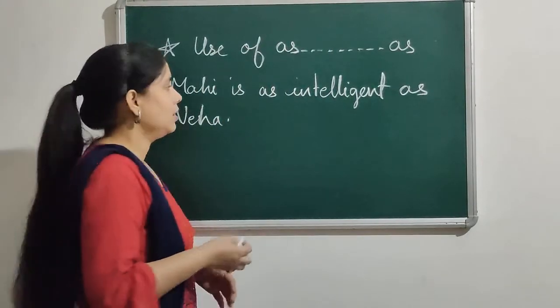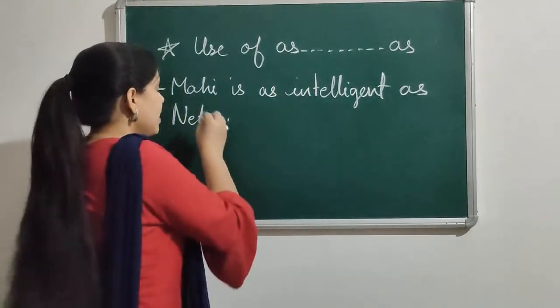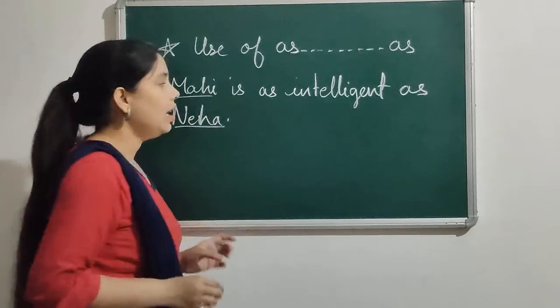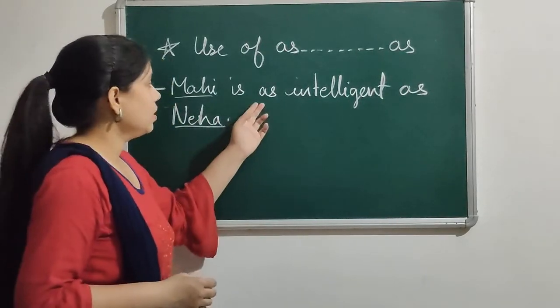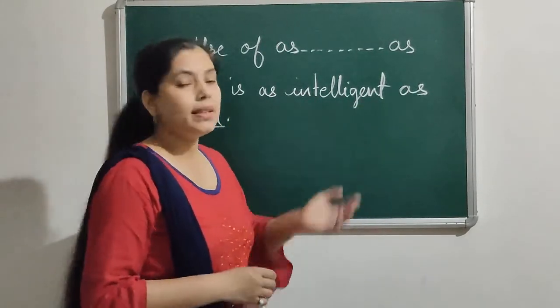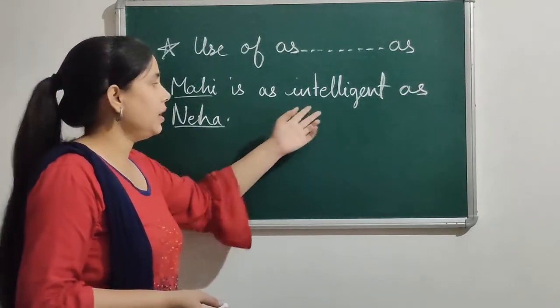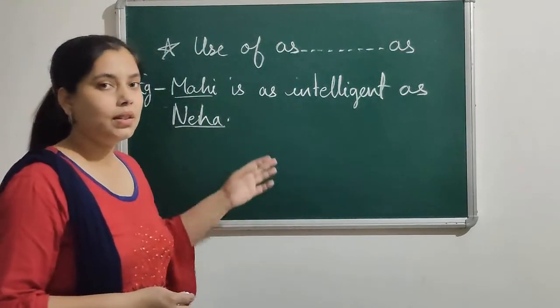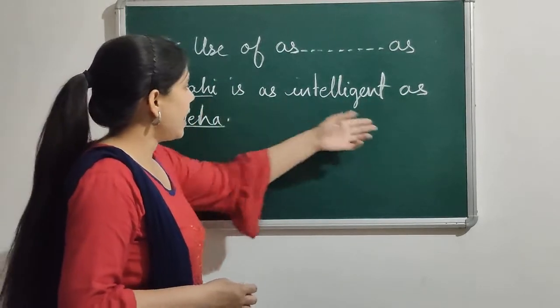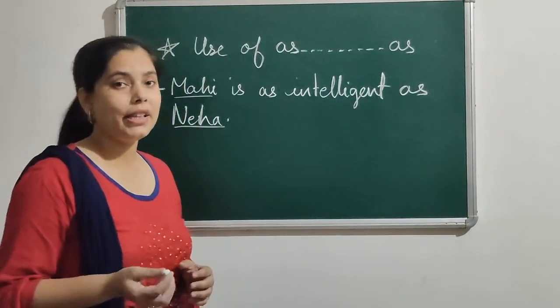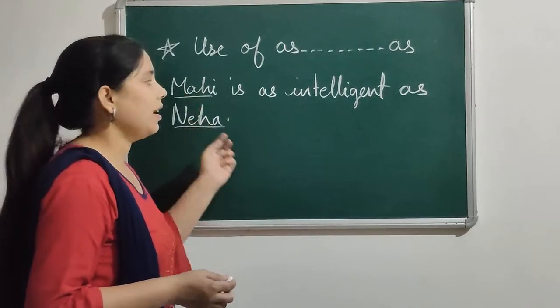Here, the comparison is done between Mahi and Neha, and the use of as is telling us that both of them are equally intelligent. Here, this as is showing similarity between Mahi and Neha.